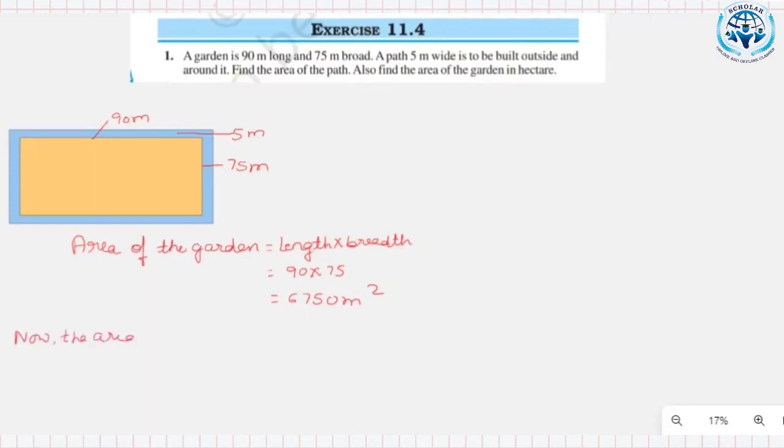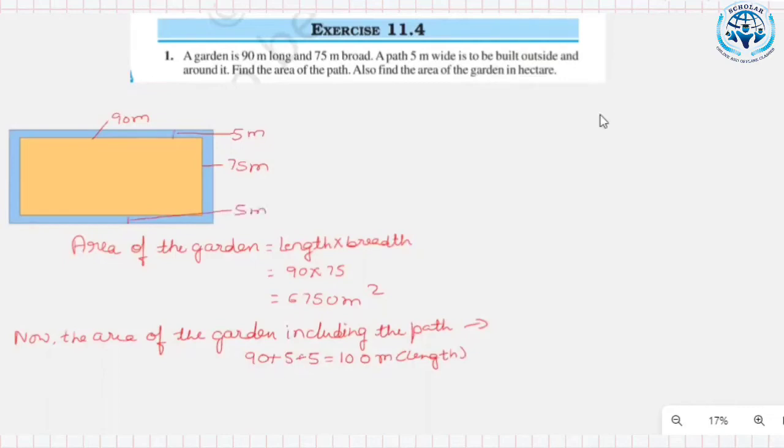Now let's take out the area of the garden including the path. When we are including the path, that means we are adding the width of both the sides to the length and to the breadth.